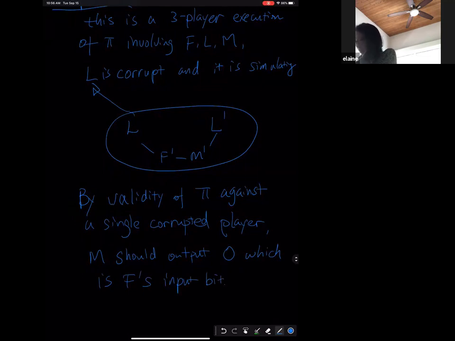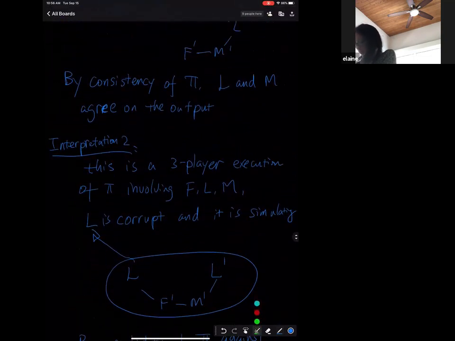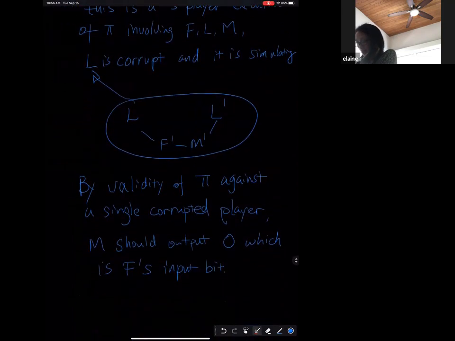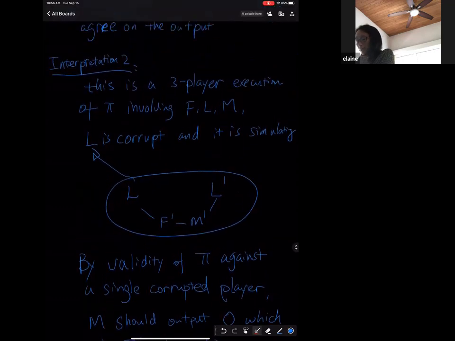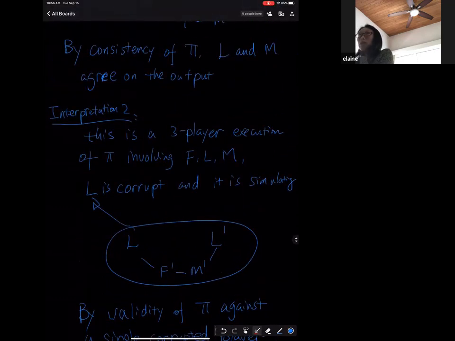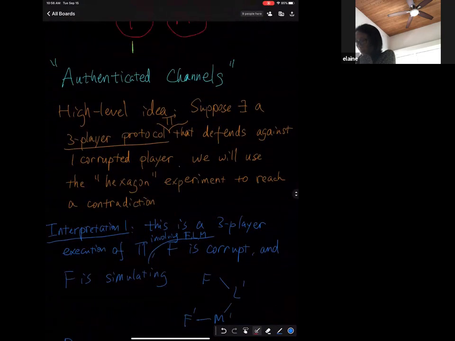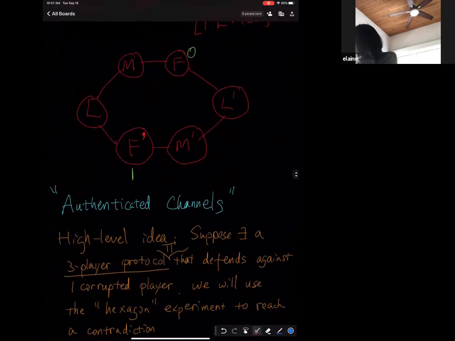Okay, so we are almost there. So far we used consistency to conclude that L and M must be consistent, and we used validity to conclude that M must output 0. And if I can have a third interpretation that says that L should output 1, then that's sufficient to reach a contradiction. So what is the third interpretation?